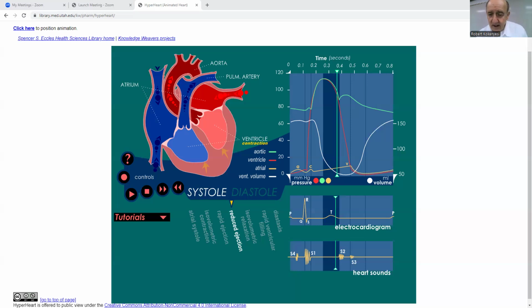When this group of pacemaker cells creates a nerve impulse, it is quickly spread throughout the right atrium and also, as you can see, into the left atrium. It means that at the beginning of the cardiac cycle, both atria contract and squeeze blood into the ventricles. At this particular time, the ventricles are relaxed, so they are stretchable, and the atria moving blood into the ventricles will top off, completely fill the ventricles.